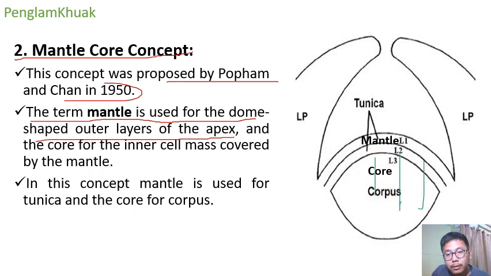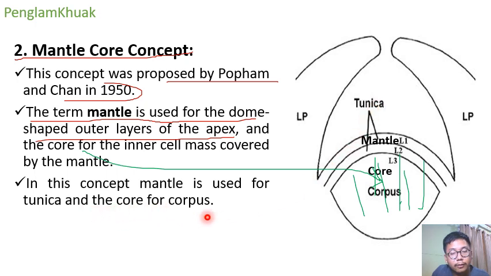This is called the core, C-O-R-E, and it is further covered by the mantle. In this concept, mantle is used for tunica, and core for the corpus. That means it is similar to tunica and corpus, only the name differs.